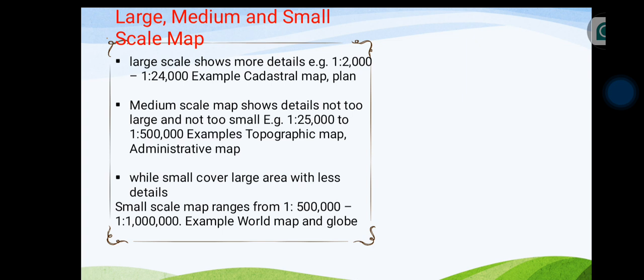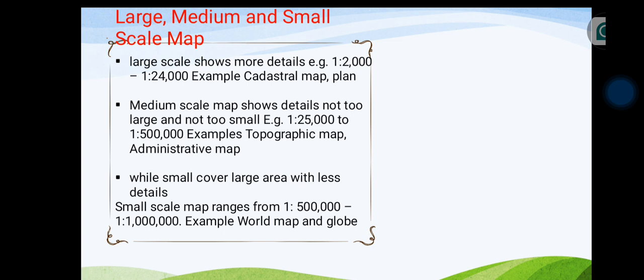And the scale, when you pick a map and you see that the map is 1:25,000 or more, just note that that map is a medium scale map. That is 1:25,000 to the range of 1:500,000. Note that that map is a medium scale map.